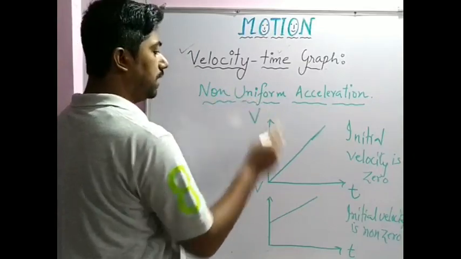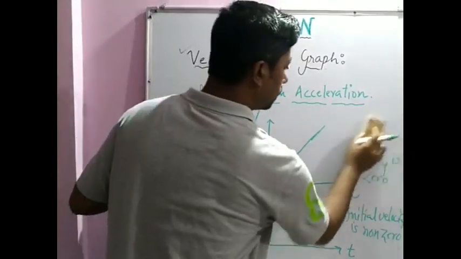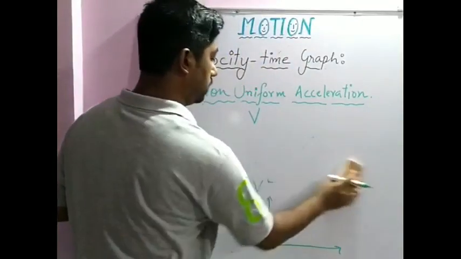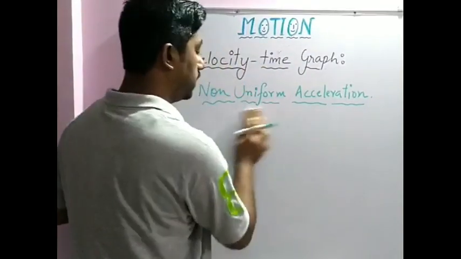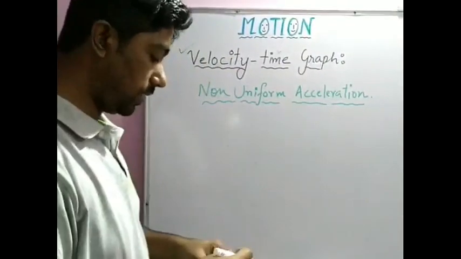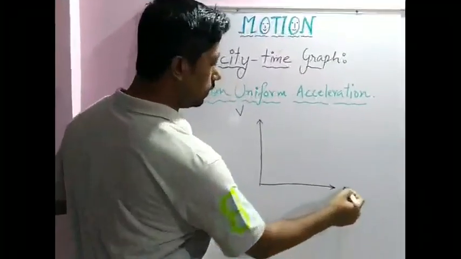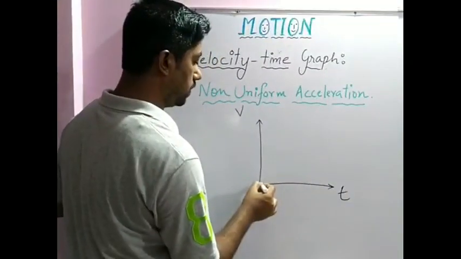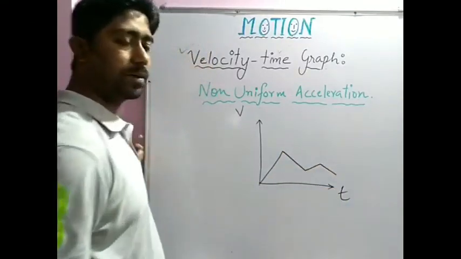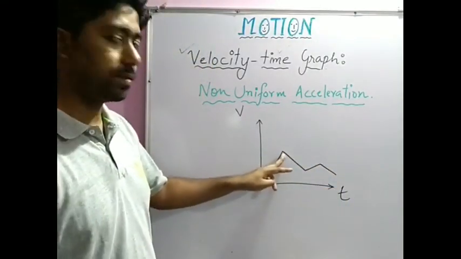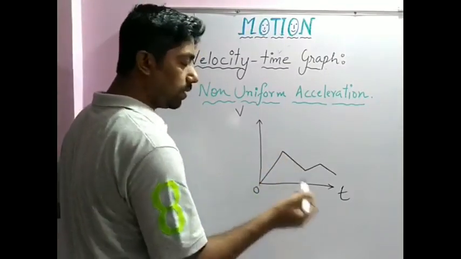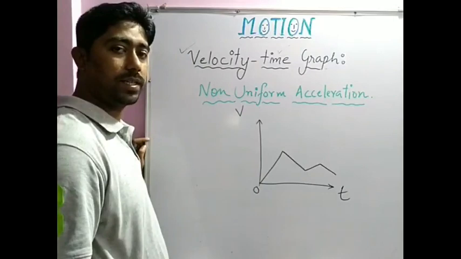Let's go to non-uniform acceleration. Let's see how we can draw that. This is time. In this kind of graph, you can see the velocity has increased up to this point. Suppose the body is under non-uniform acceleration.